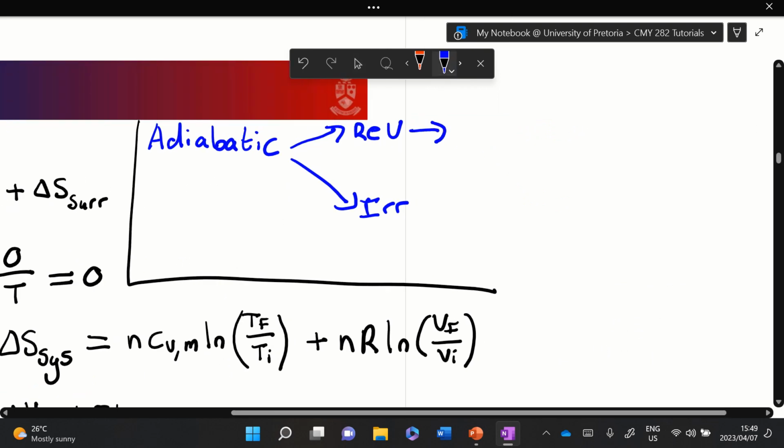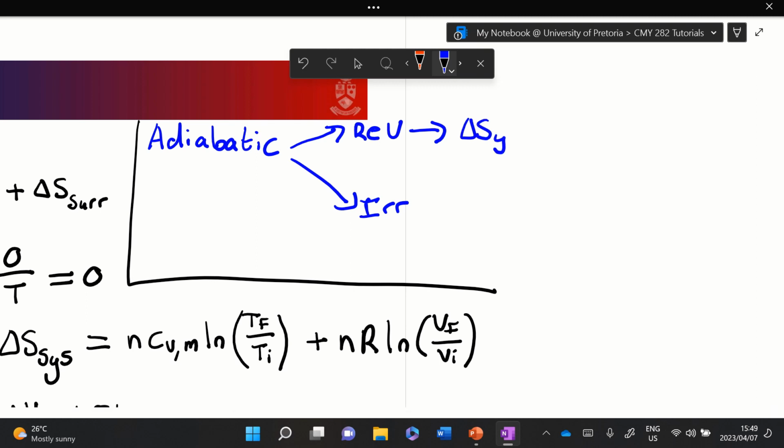Reversible means that delta S system is 0 and delta S surroundings is 0. Why? This is because Q rev is 0, and this is because, well, Q surroundings is 0.